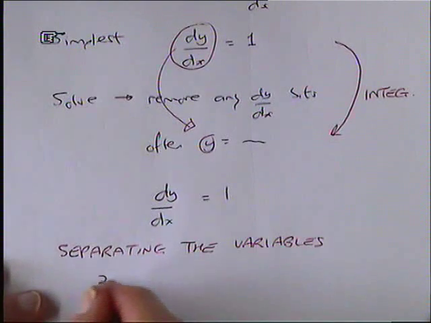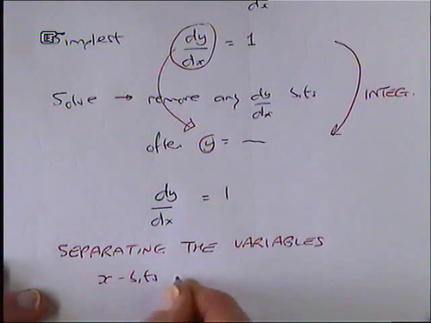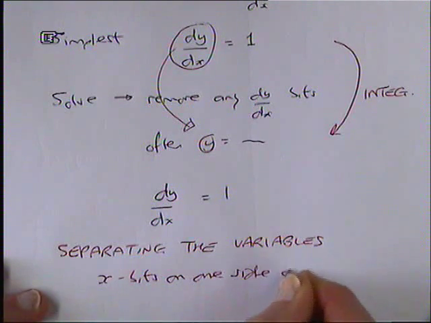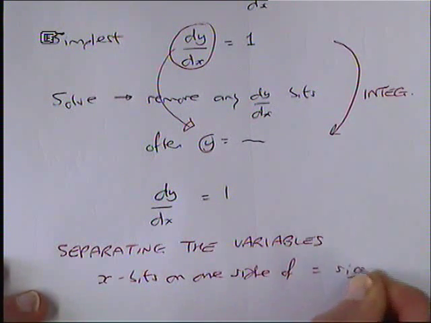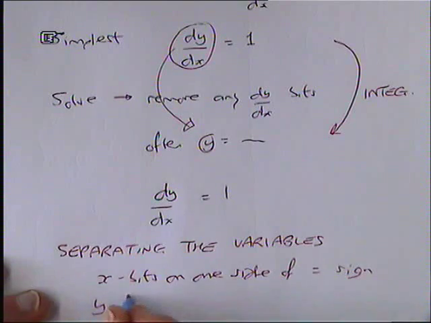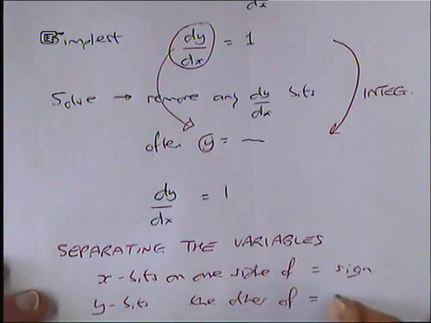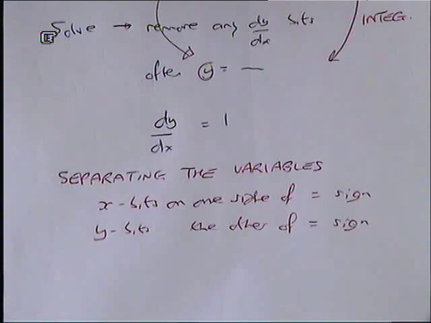So what it means is you have all the x bits on one side of the equal sign, and you have all the y bits on the other side of the equal sign. So it's just a case of rearranging your equation.